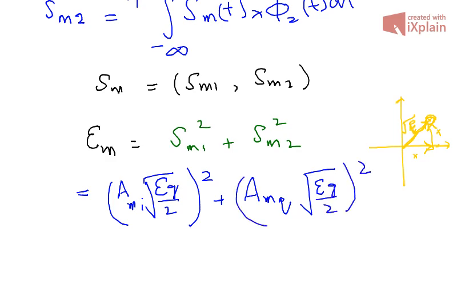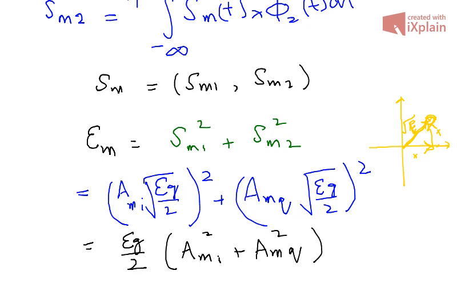Now what do you have? You are left with the expression Eg over 2, and you have inside AmI square plus AmQ square. So this is the energy of your signal.